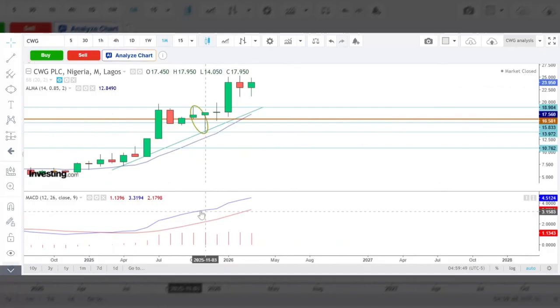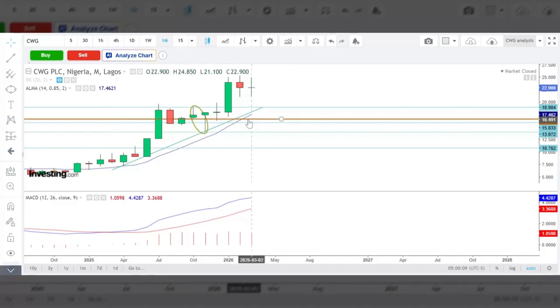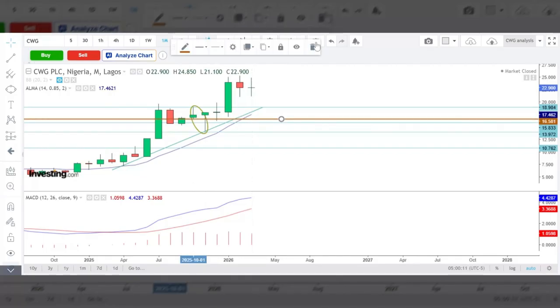Secondly, you can see MACD is still very bullish. You can see the candle ended up being bullish from here to these two candles here. They were bullish, and also let me remove this line first.